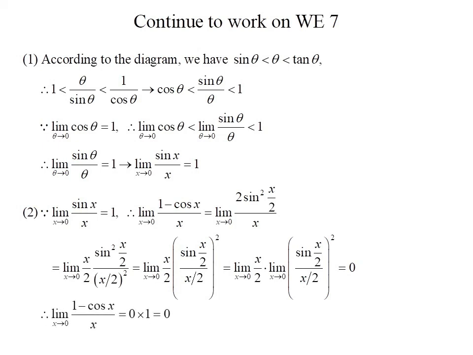Since we have known that the limit of sine (x over 2) over (x over 2) equals 1 as x approaches 0, the second limit equals 0 times 1, which is 0.